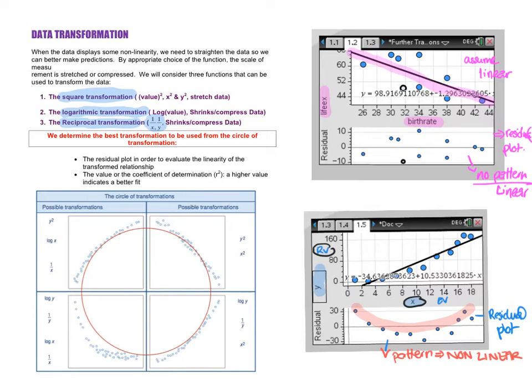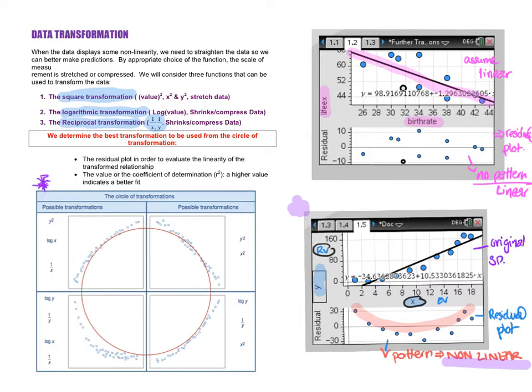How do you determine what transformation you should do? We're going to use this circular table here, and this helps us pick which transformation we can do. If I look down over here at this scenario, we're going to look at this one because we know it's not linear. Because it's non-linear, we're going to do a transformation. When you are trying to decide, you go back and look at the original scatter plot.